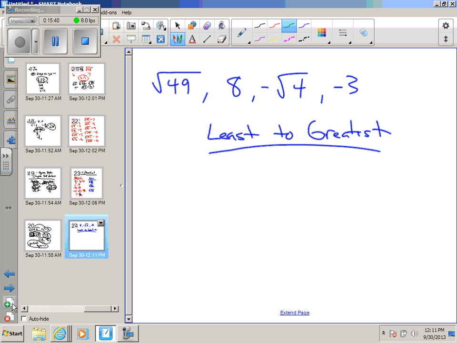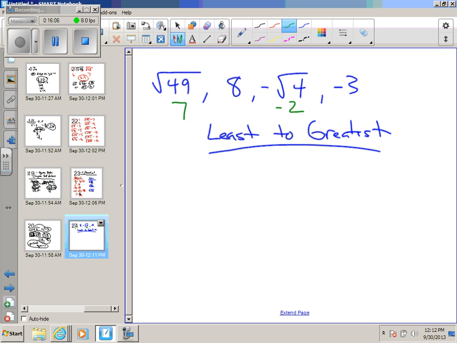Can you fix this square root of 49 to maybe look like a regular rational number? Yes, 7. How about this negative square root of 4? Negative 2. Then I've got the 8 and the negative 3. So now, between all of those, which one is the smallest? Which one is the least? Which one is the furthest away from 0 on the negative side?